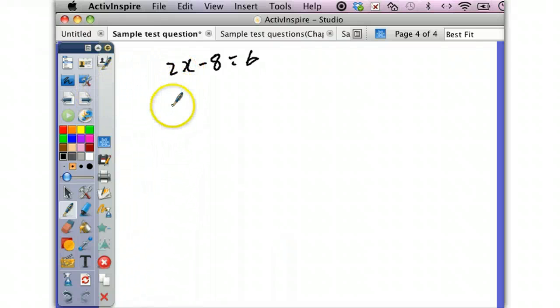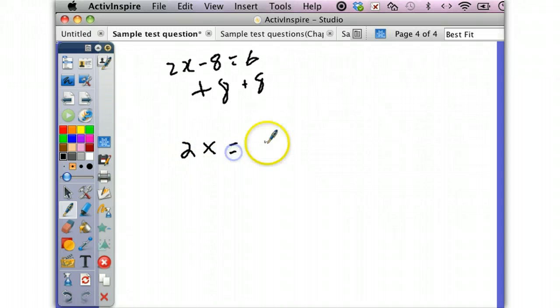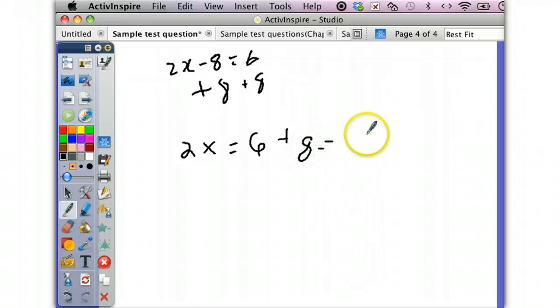Add 8 for both sides. 6 plus 8. What's the number?